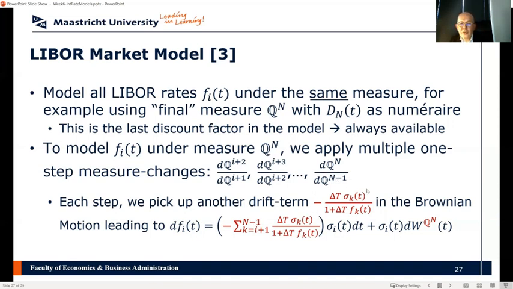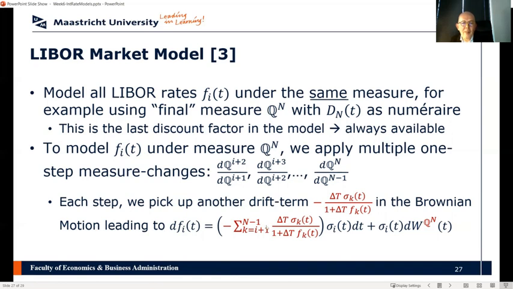And then each drift term that I pick up is minus delta t sigma_k over 1 plus delta t F_k. And that is all the drift terms that are sitting implicitly in this Brownian motion. And of course, I am pre-multiplying this Brownian motion with sigma_i, so all these drift terms together are multiplied with the sigma_i(t) term. And this formula here, that is the stochastic differential equation for the i-th LIBOR rate under the Q^N probability measure.